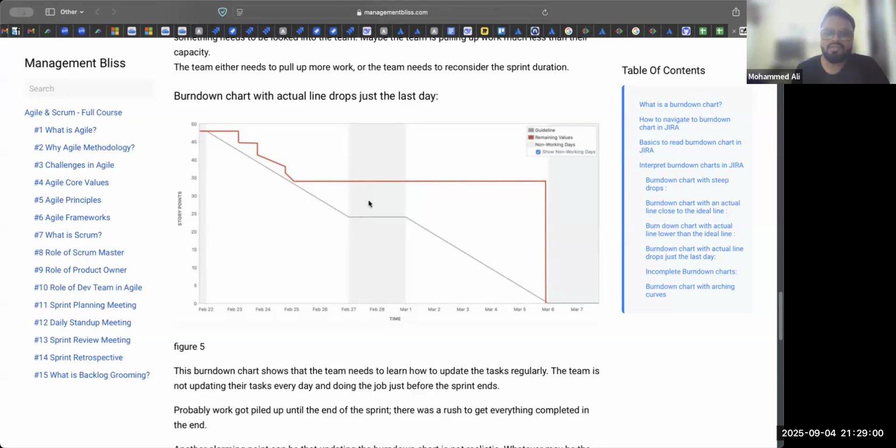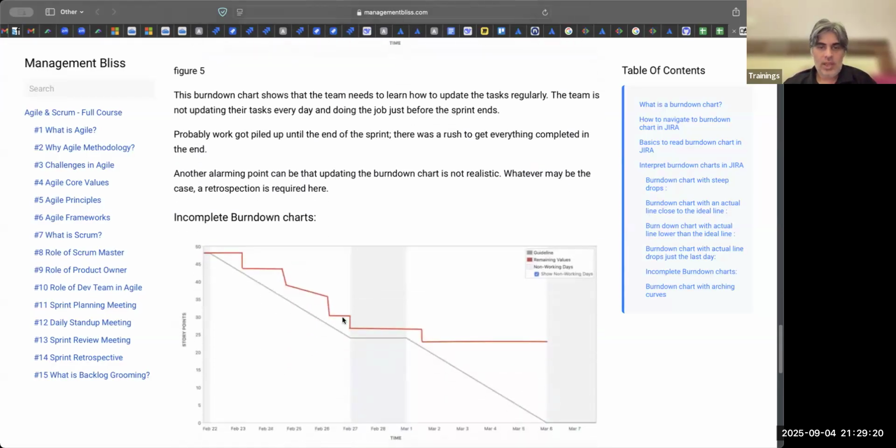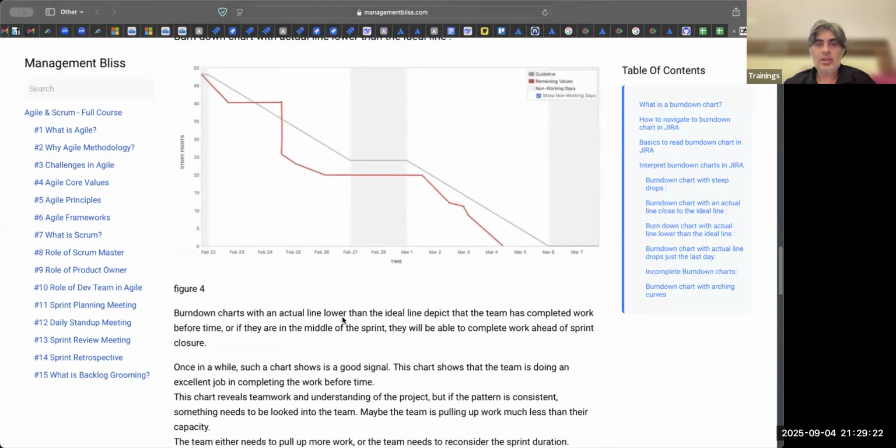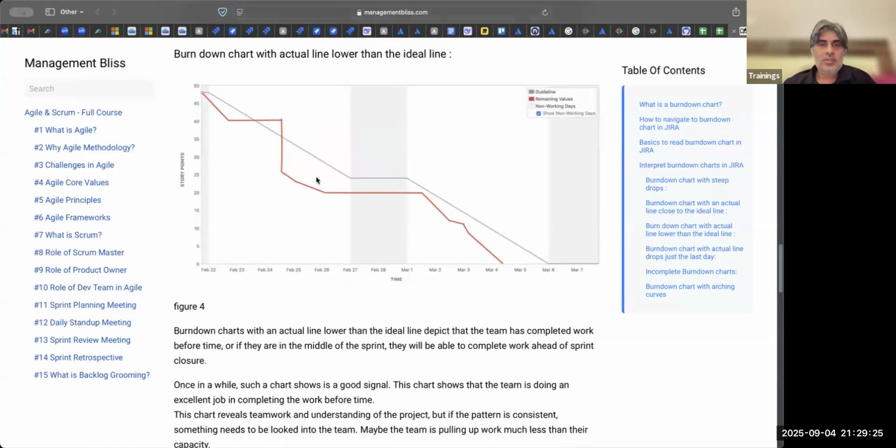And in Jira, is the horizontal line non-working days? Sometimes these horizontal lines could also be your non-working days, like Saturday, Sunday. This could be your weekend.